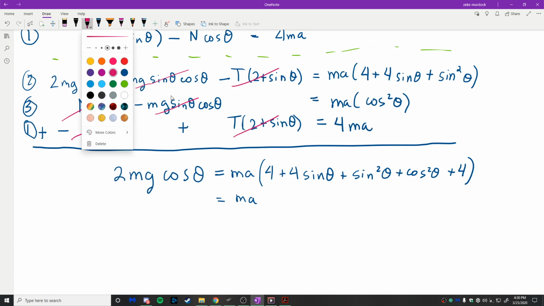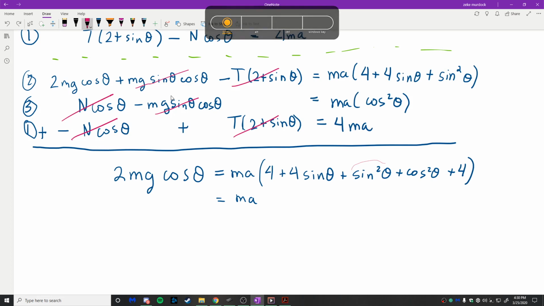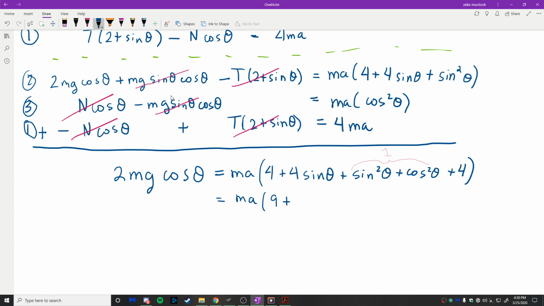Just indicate that with like this. This is 1, right? So 4 plus 1 plus 4 is 9. Plus, and this is the only term left over, 4 sine theta. And then you'll also probably notice that these cancel.